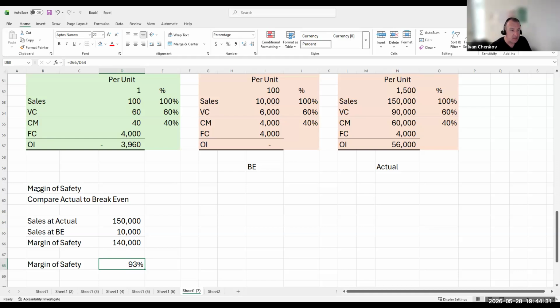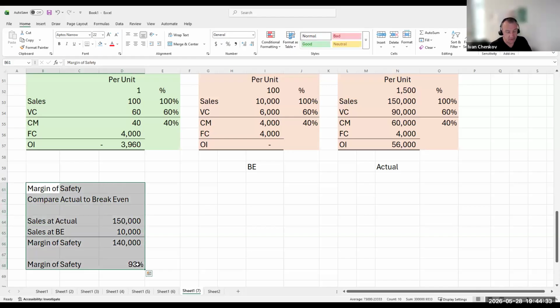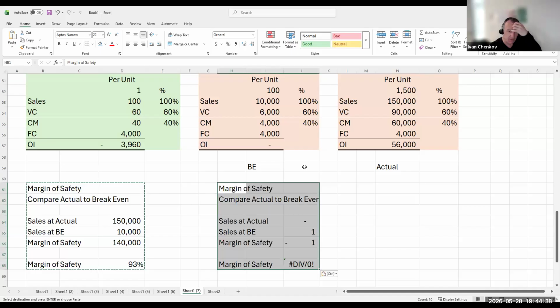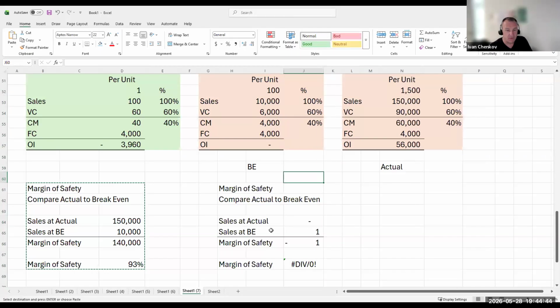Now, can I express margin of safety as a number of units? Well, who's going to stop me? I just have to change the formula a little bit. What do I have to do?